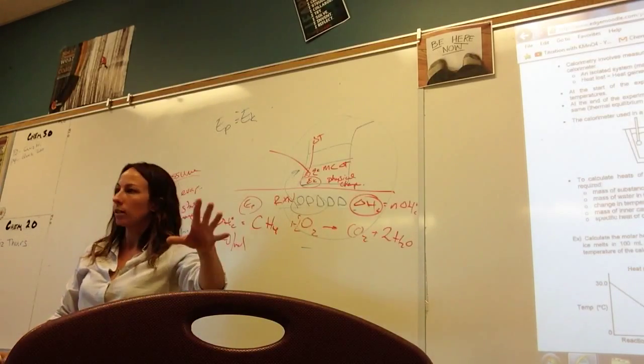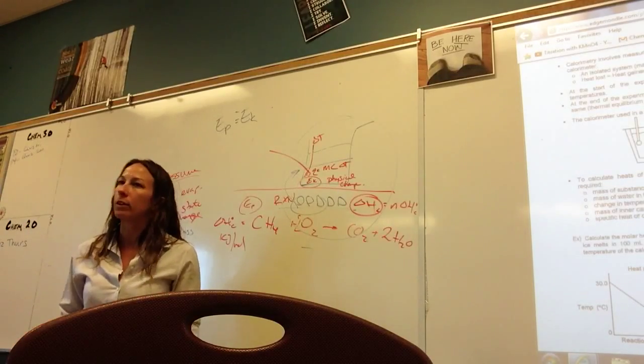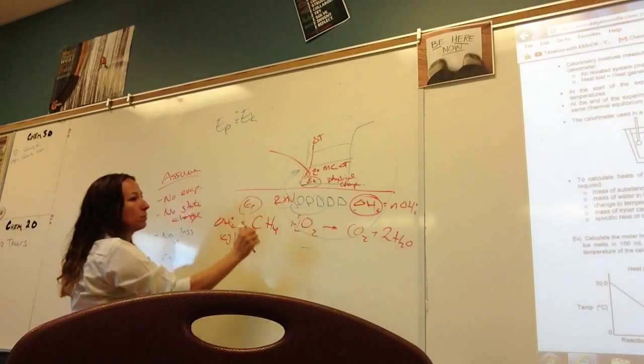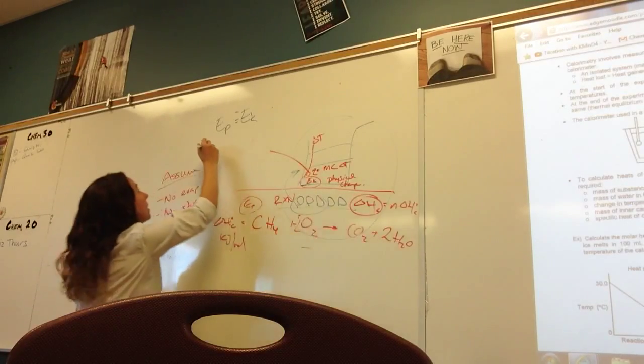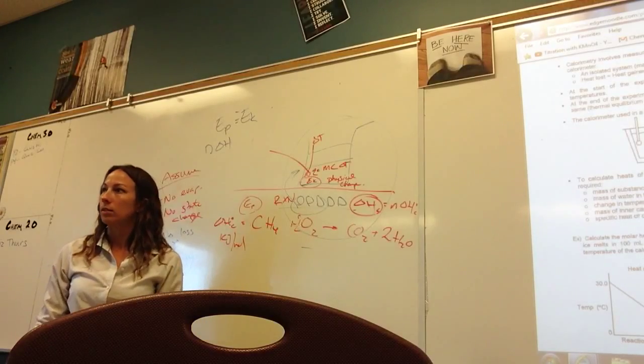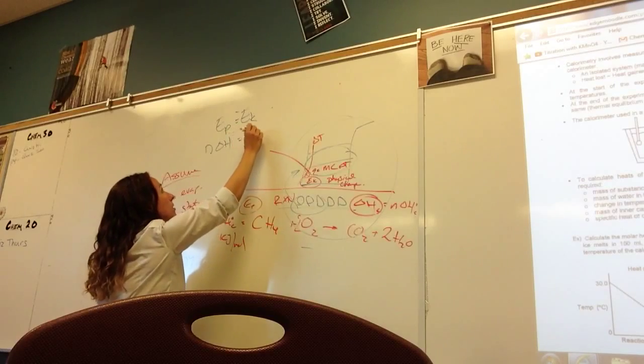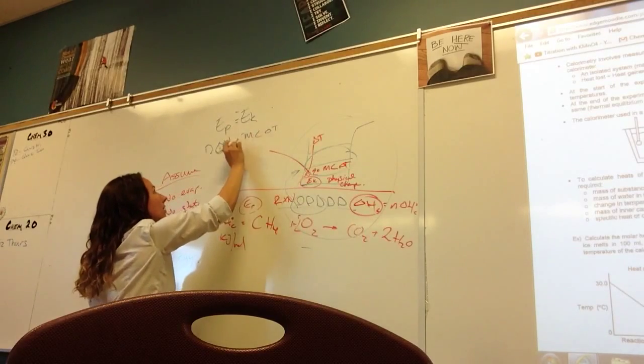If this is losing 1,000, then that has to be gaining 1,000. So we put this in arbitrary negative. And potential energy is n delta H. Everybody okay with that? And kinetic energy is this bit here, and so that equals mc delta T. Oh yeah, that little negative there.